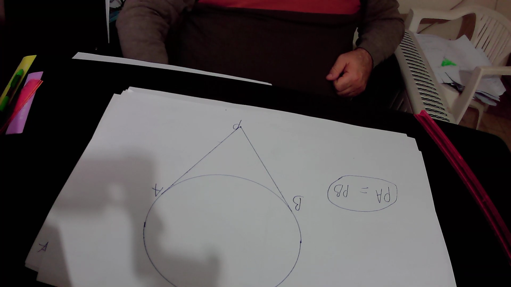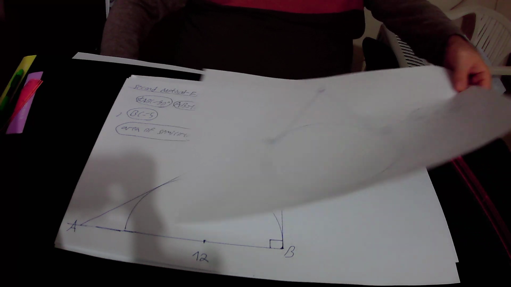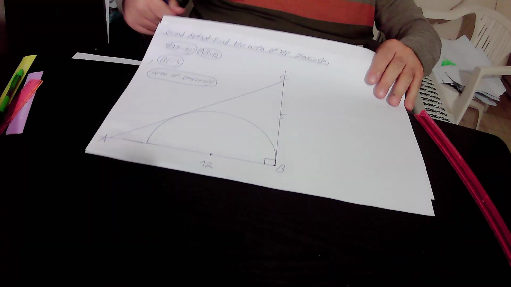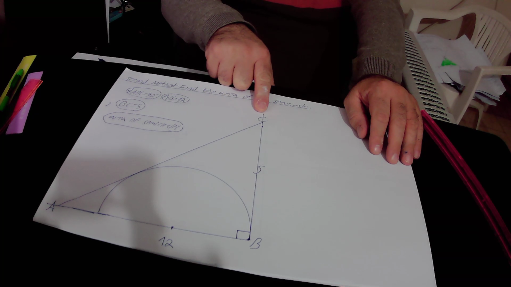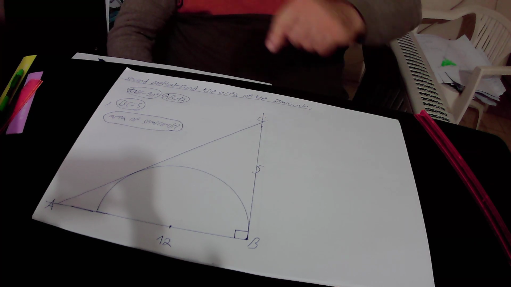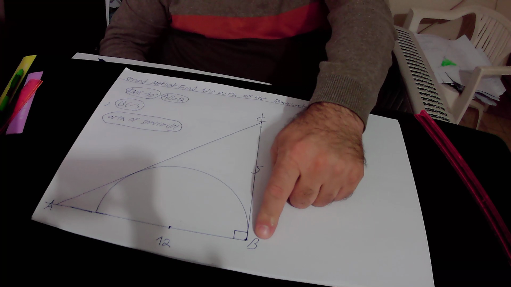Okay? And we can actually implement rule number 2, or the two tangents theorem, in our drawing, because in our drawing we have the external point C, and from the external point C we have two tangents to this circle. The first tangent is tangent CB.